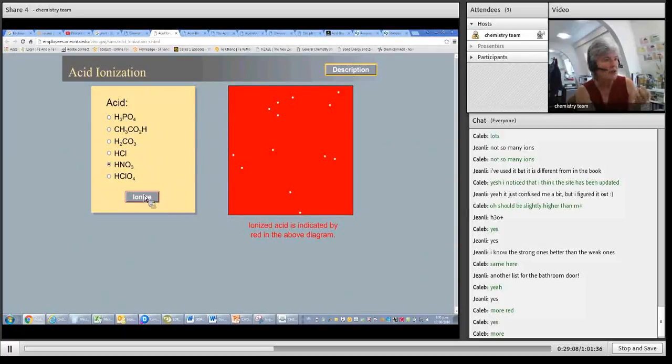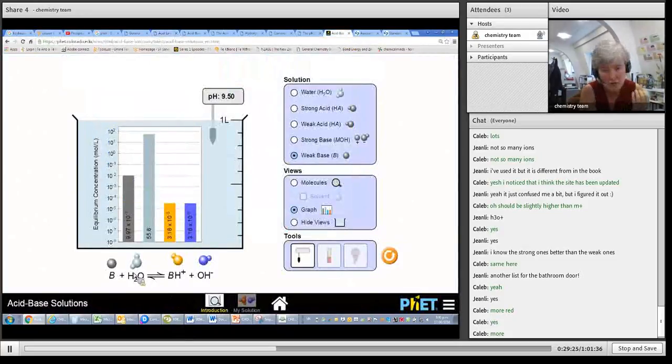Right, now, I did use the term conjugate. That is a word you should know. When a base has accepted a proton from, say, water, it now has an extra proton.